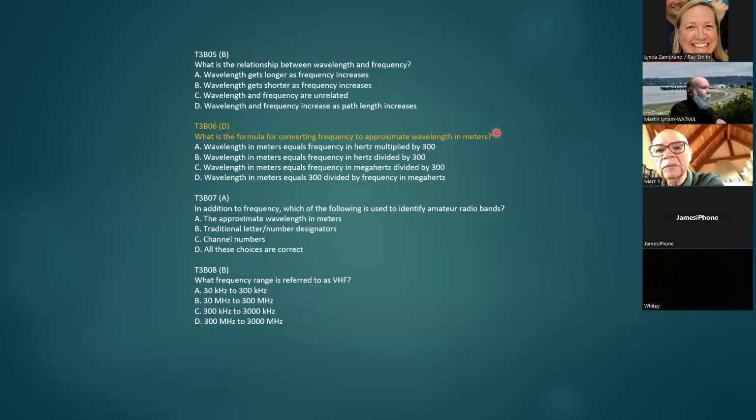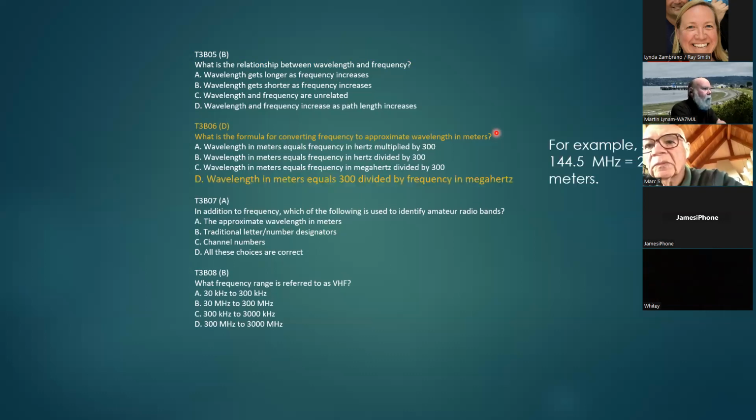What is the formula for converting frequency to the approximate wavelength in meters? It's pretty straightforward. You divide 300 by the frequency in megahertz.